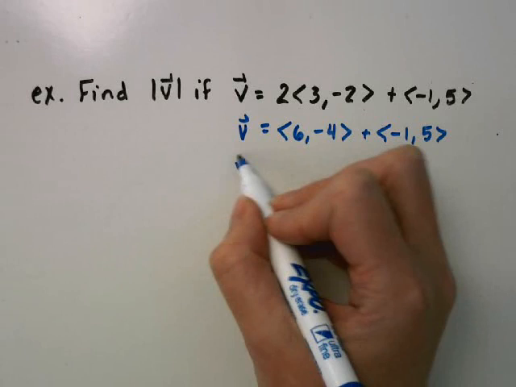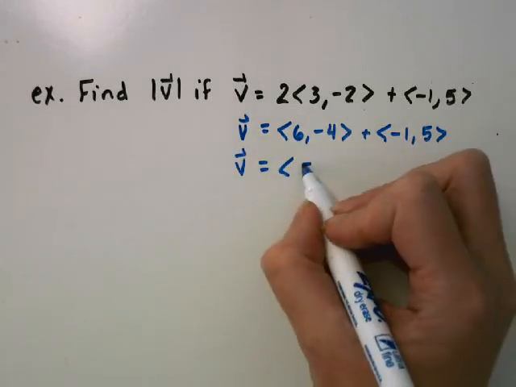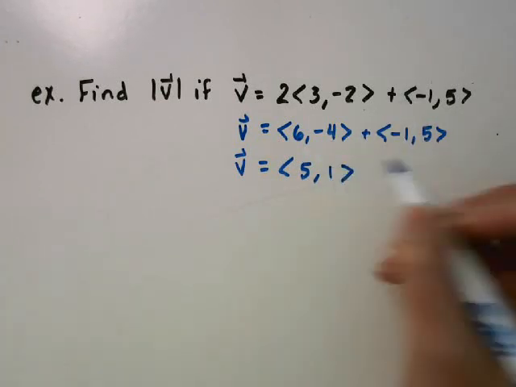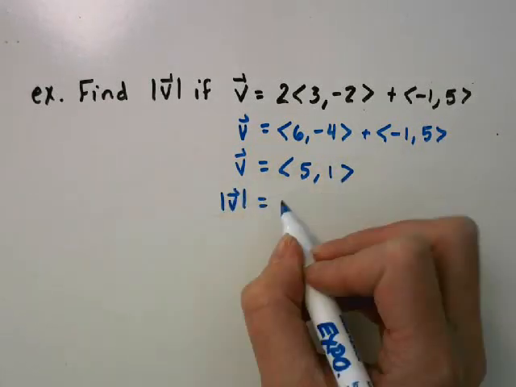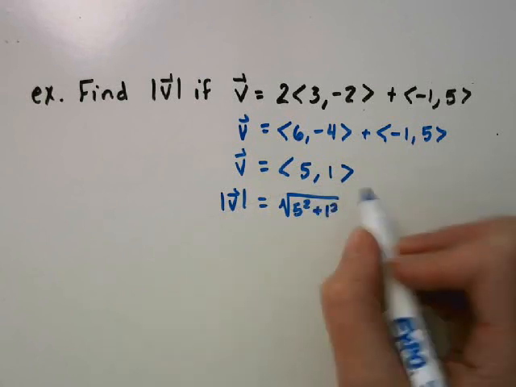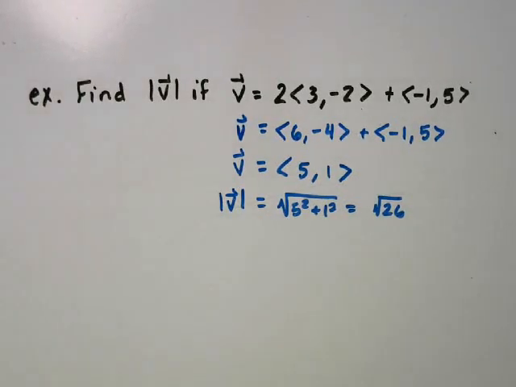Then we'll add the x's and add the y's. So 6 plus a negative 1 is 5. Negative 4 plus a 5 is a positive 1. So then the magnitude is going to be the square root of 5 squared plus 1 squared, which will be the square root of 26.